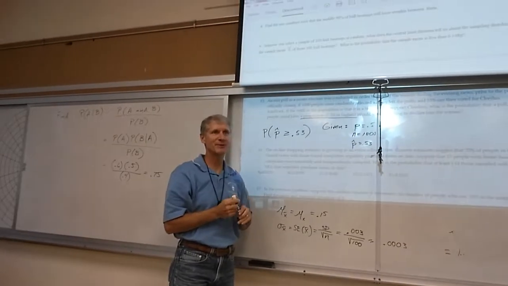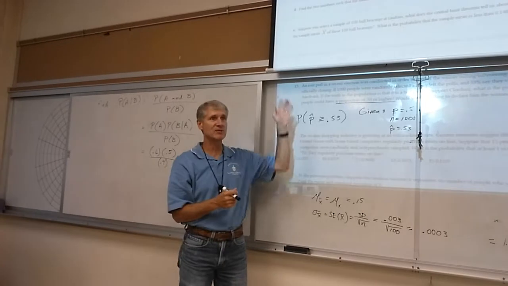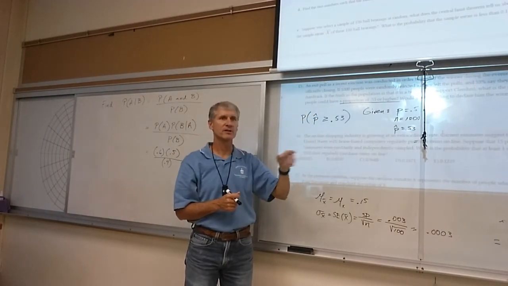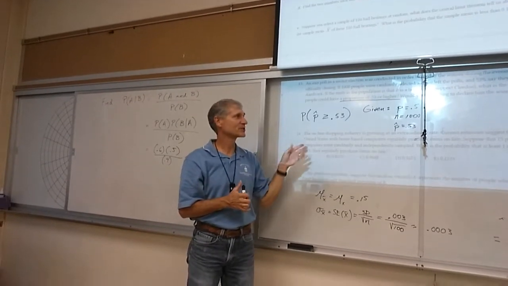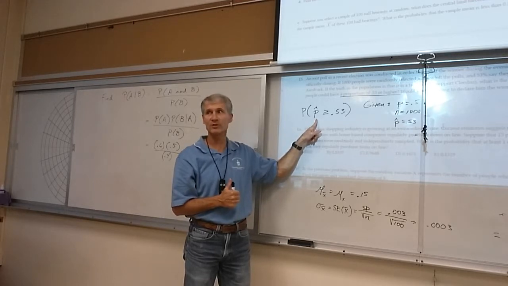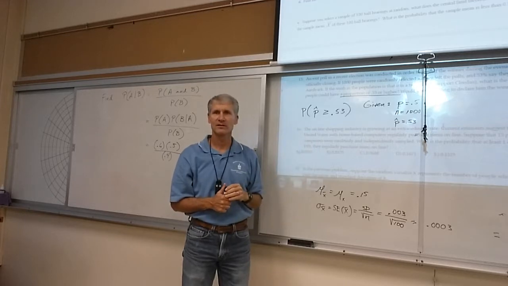Hint, central limit theorem. We have two versions of the central limit theorem. One is for means, which the last problem we worked had. This was for proportions. The central limit theorem tells us that P hat will have an approximately normal distribution if what?